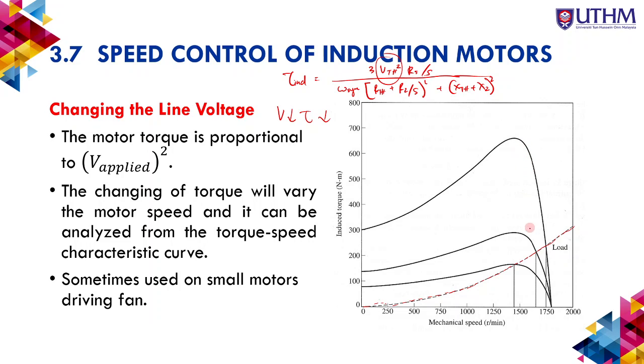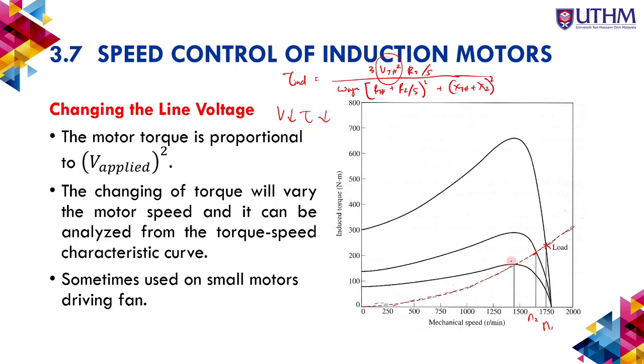We can reduce, so that over here you can see that this is at N1. Of course, when we reduce the voltage, the torque will also reduce, and it will cause the Nm to also reduce.